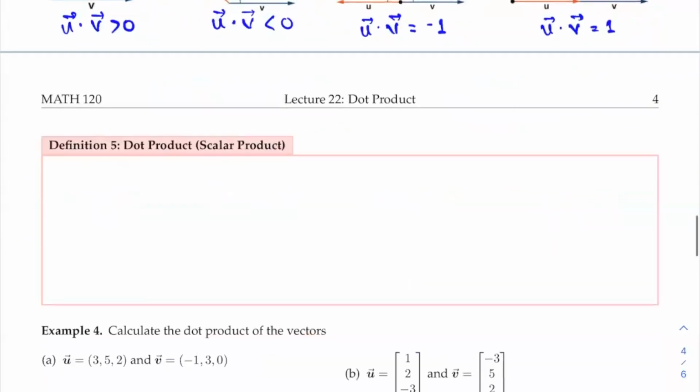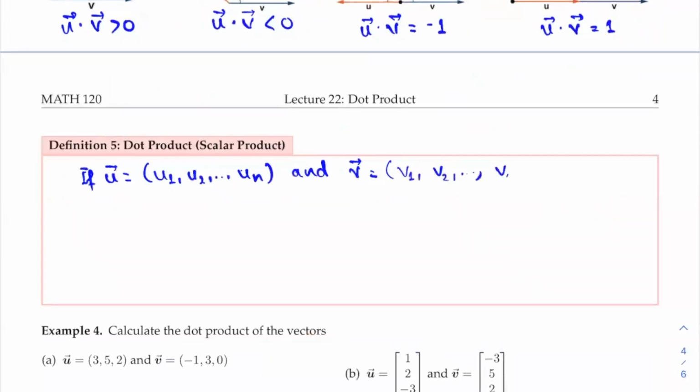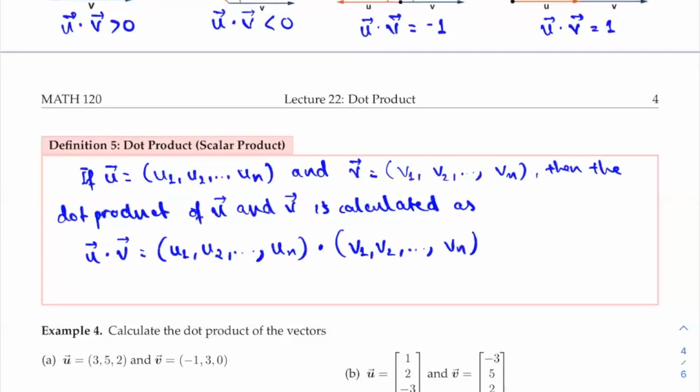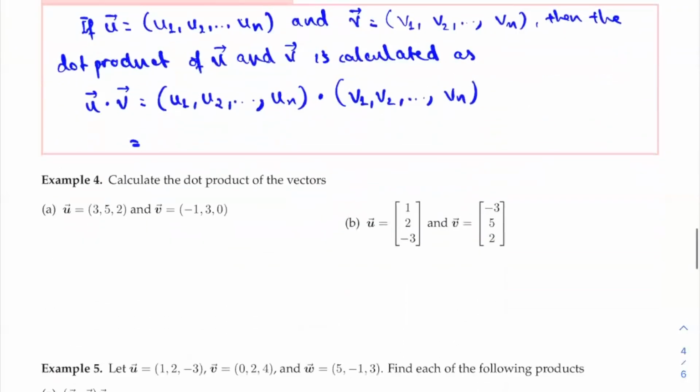If u equals u1, u2, up to un, and v equals v1, v2, up to vn, then the dot product of u and v is calculated as follows.